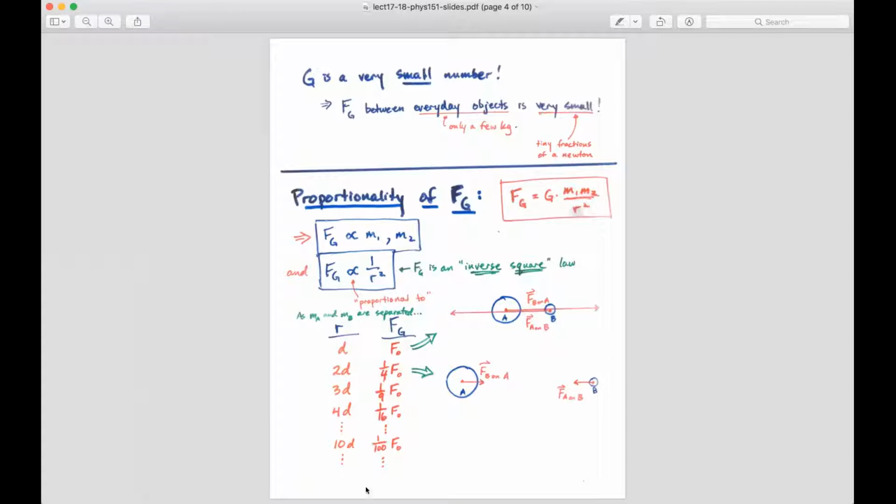You can ask the question, how far must you separate two objects before they will exert 0 gravitational force on each other? You can see by this equation, if you ask what should be the value of R so that F is 0, well, R would have to go to infinity. In other words, any two masses in the universe always exert some tiny non-zero gravitational force on each other.